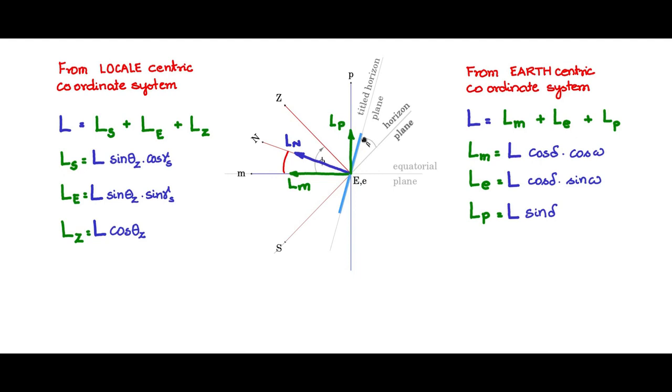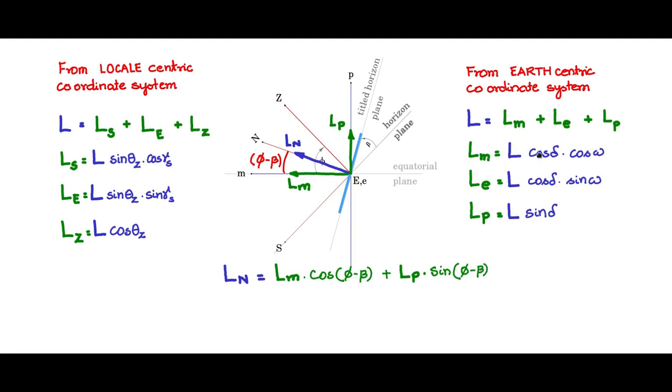Because this is beta, this will be phi minus beta, and Ln is given by Lm projected onto the n axis, which will be cos phi minus beta, and Lp projected onto the n axis will be Lp sine phi minus beta.